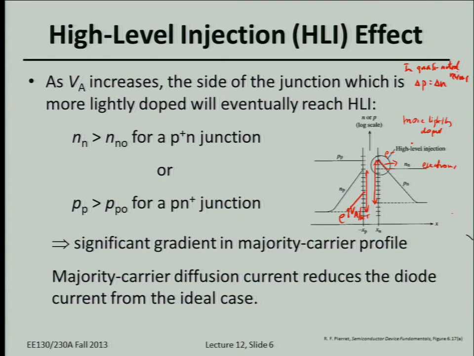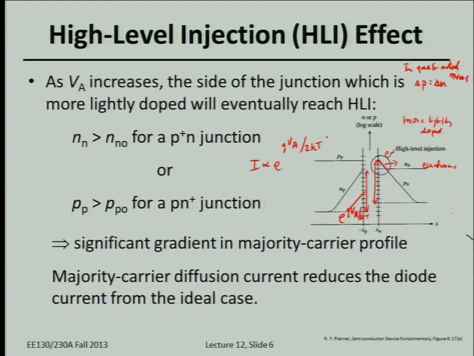All you need to know is that under these conditions, the current is proportional to e to the q VA over, it turns out, 2 KT. But we're not going to derive that. All you have to know is that it just increases more slowly with increasing bias.